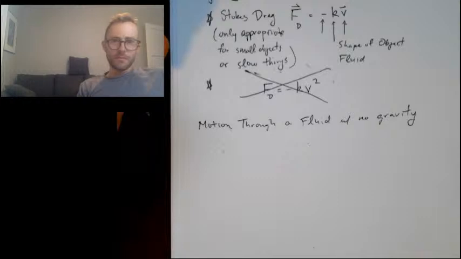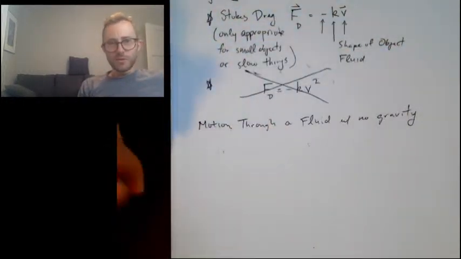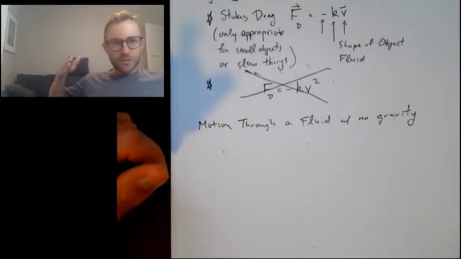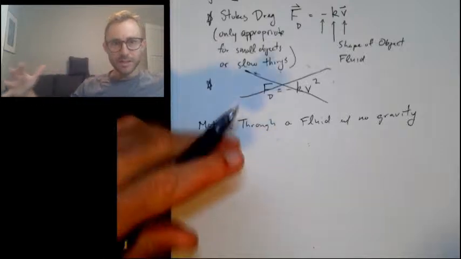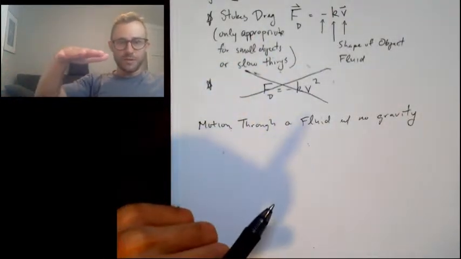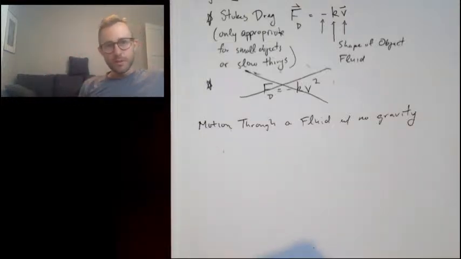So basically, when would you move through a fluid with there being no gravity? If you were in outer space and you were coasting through a cloud, a nebula, like a dense nebula, then as you're cruising through the nebula, you're going to be bumping into the molecules within the nebula, and that's going to slow you down. It's going to create a drag force.